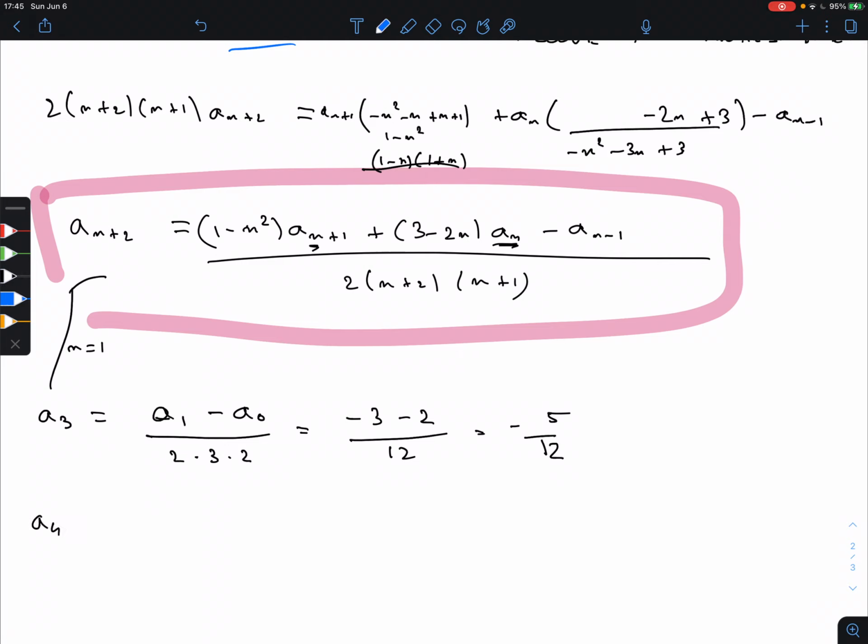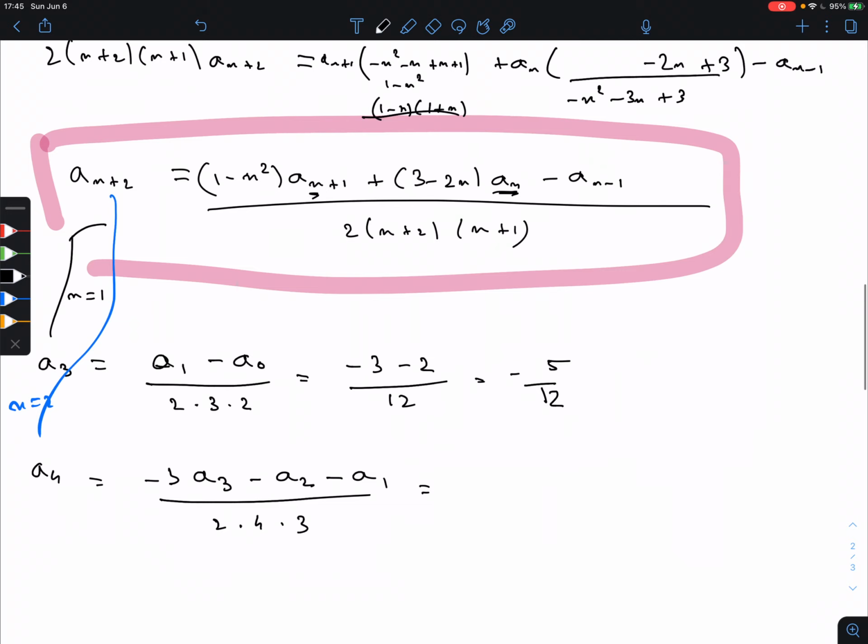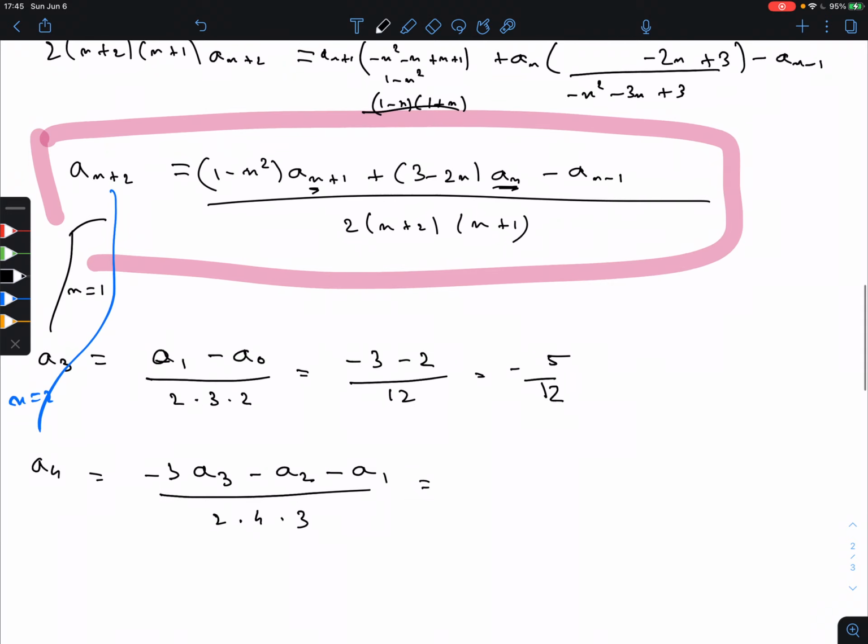That was the minus sign. A4, now I plug in n equals 2. Okay, so that is minus 3 times A3. I'm plugging in 2, right? So then I get a minus A2 and a minus A1. Okay, and that over 2 times 4 times 3. So that is minus 3 times minus 5, that is 15 twelfths.